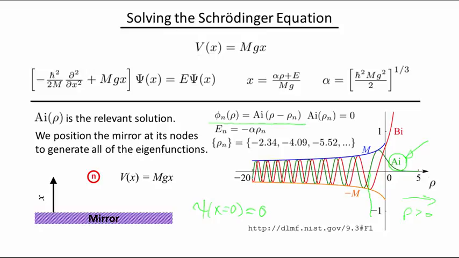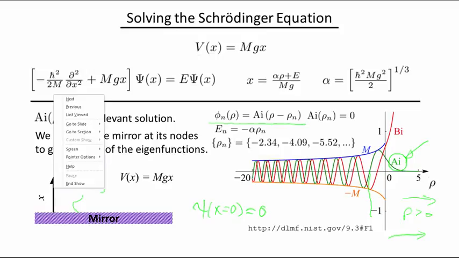And so we take this Airy function and we start pulling it up until the node lies at the surface of the mirror. So here's the lowest solution, it's going to be like that.